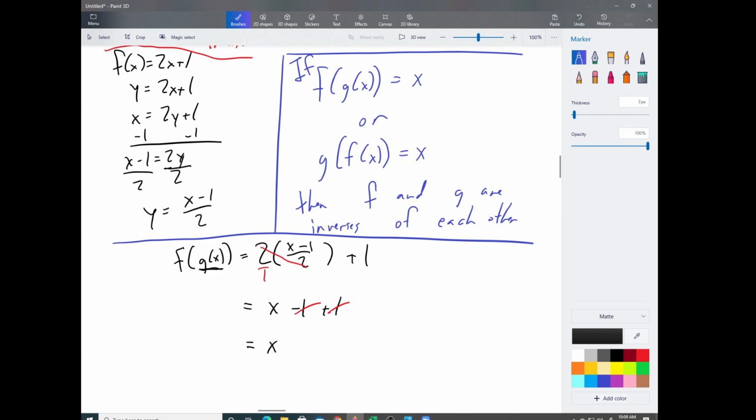And I could also take the g of the f. In other words, take my g function, leave a space where the x was, and plug my f function into that space.